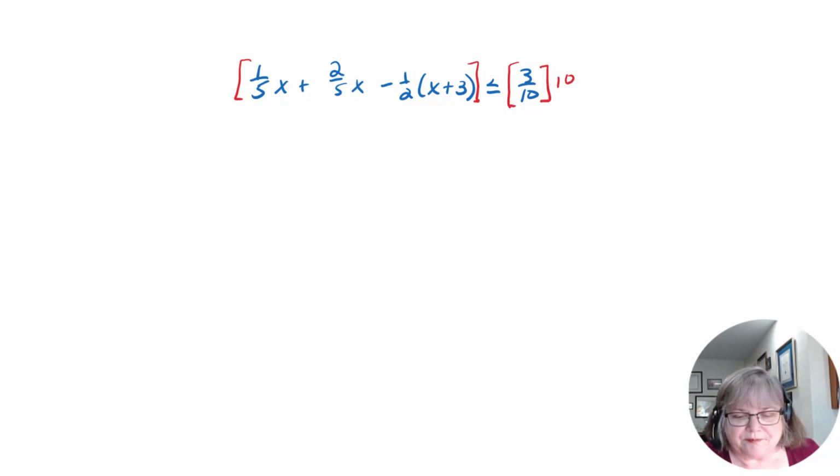Now, if you're one of those people that likes to cross out things and cancel as you go, then there's a slight danger where you could say, all right, this 5 cancels into 10, leaving me 2, and 2 times 1, because the fifth is gone, x is 2x, but then attempt to multiply this next term by just the 2.